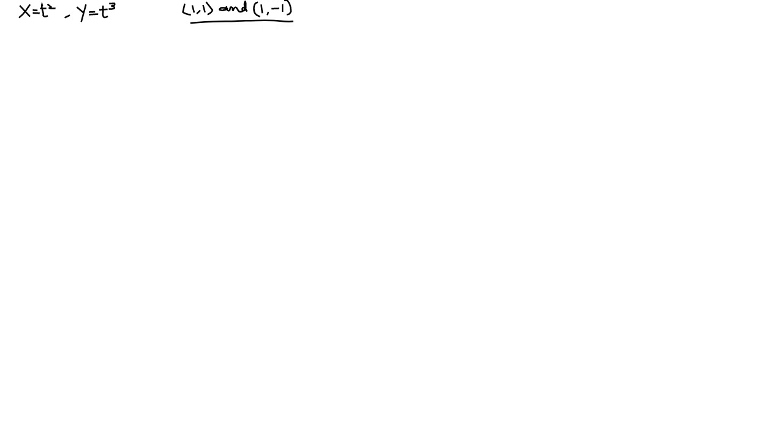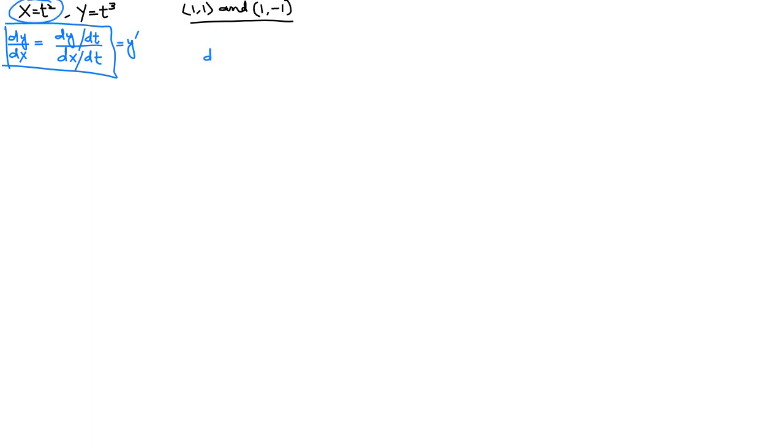Now, what is the formula for dy over dx? We know that we used before dy by dt divided by dx over dt. So this is the formula. If you call this, for example, y dash, you can use this formula.